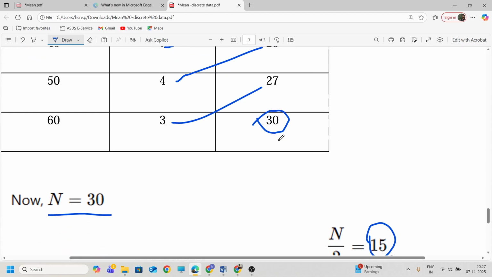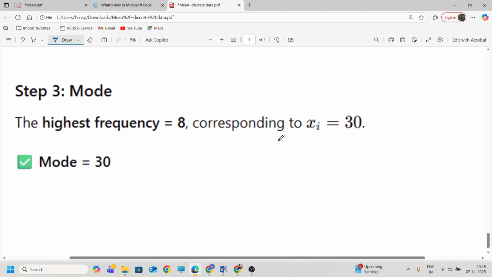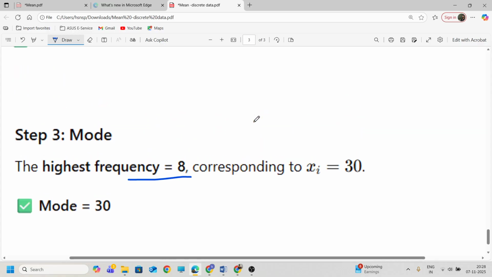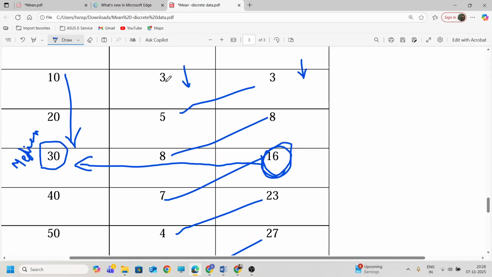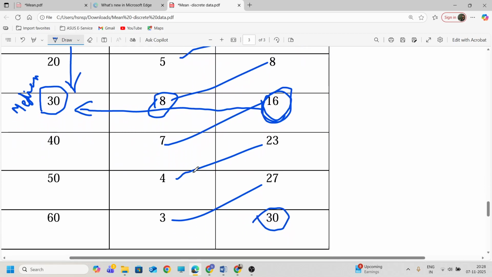Fine. Good. Next, mode. Mode means the most repeated value in individual data. Here, the value corresponding to the highest frequency is called the mode. What is the highest frequency in the given frequencies? 8 is the highest frequency. Here 8 is the greatest f.